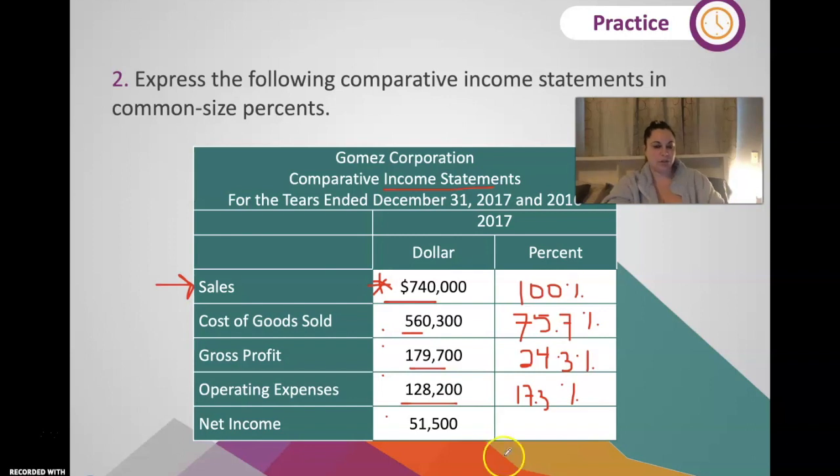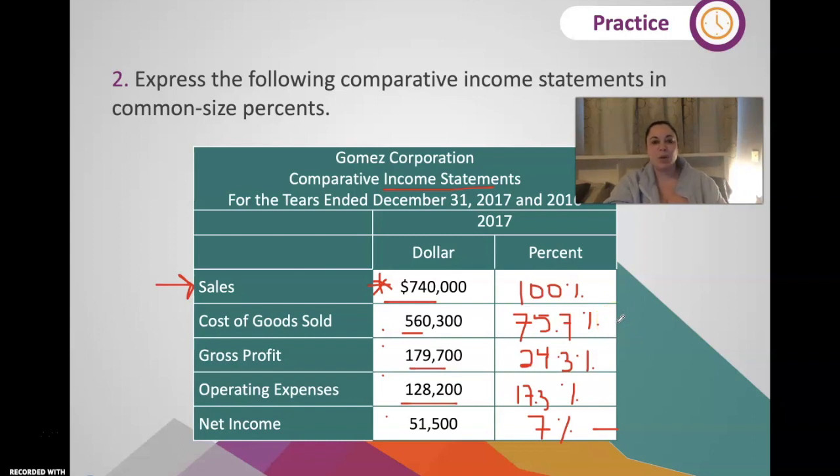Please make sure you're doing this with me, just so that I know that you know how to do the math here. Get 7%. So this lets us know out of all the sales we made, 7% went to our net income. That means we only got to keep 7% of what we made. And you can see where everything went. So basically, most of my sales went to my cost of goods sold, basically getting the product.